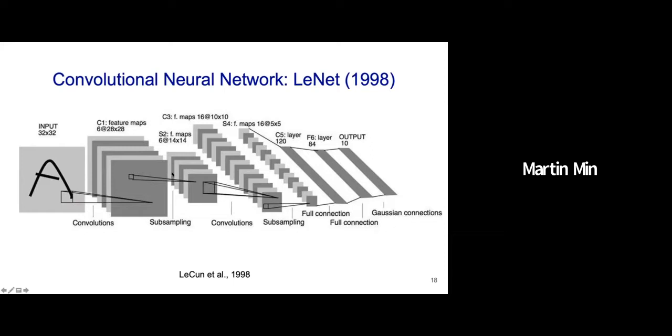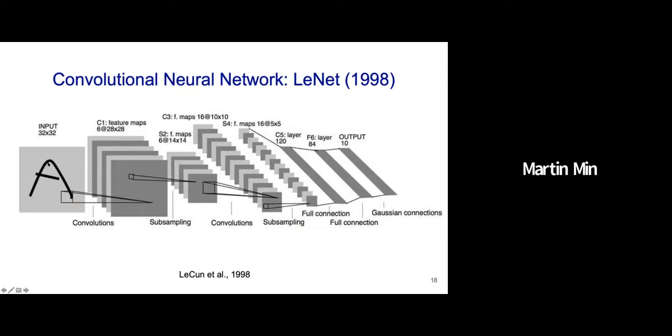They replace the fully connected layer with this local convolution, meaning a local matrix-vector multiplication or element-wise multiplication, and then repeat this filter in different positions of the image.